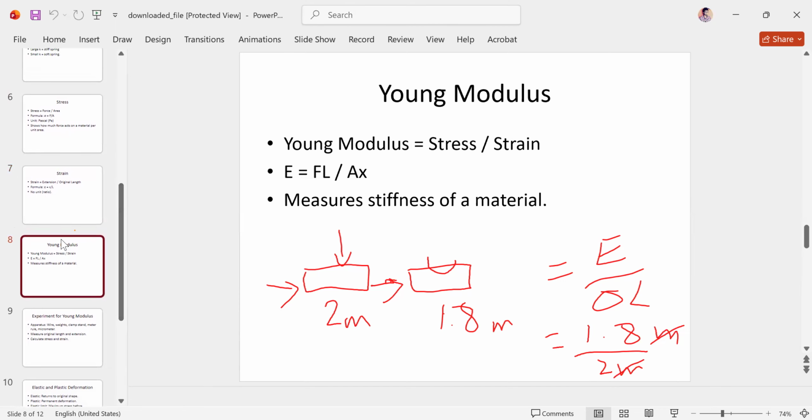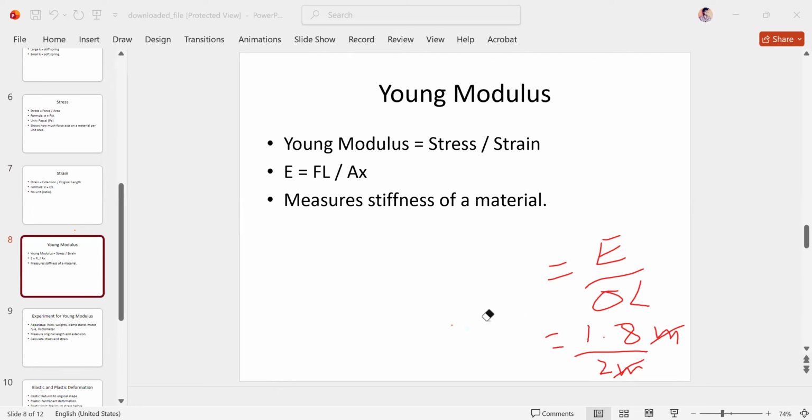Our next step is in which we discuss Young's modulus. Young's modulus, the scientist who gave the idea about deformation.